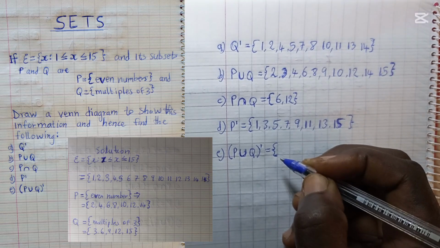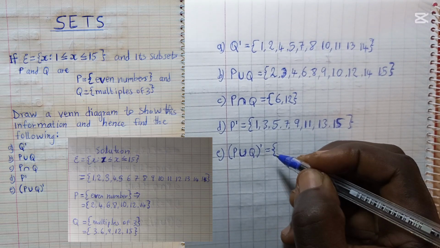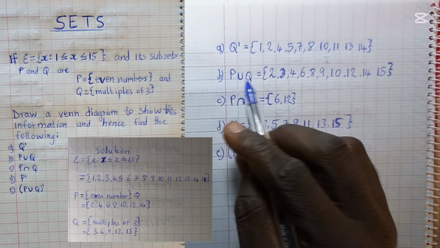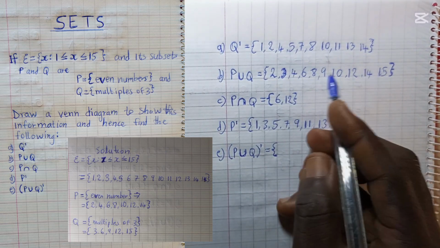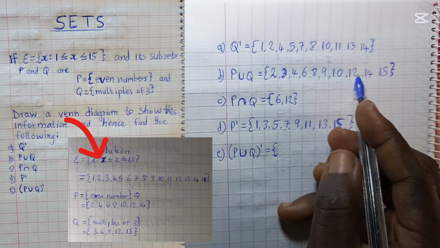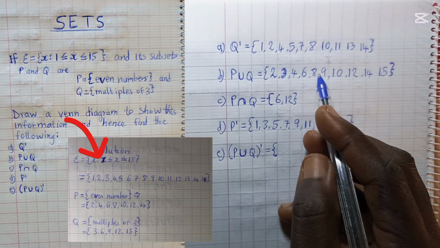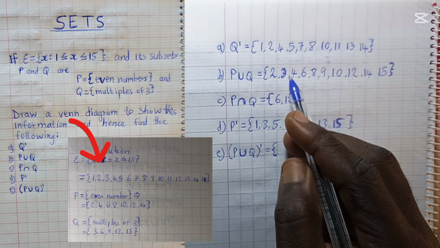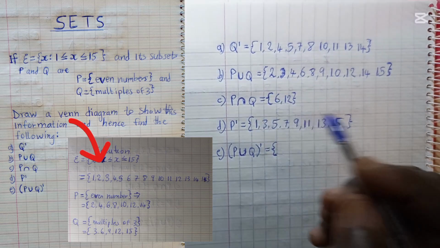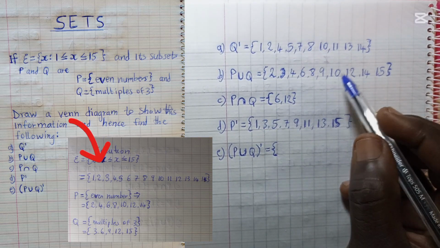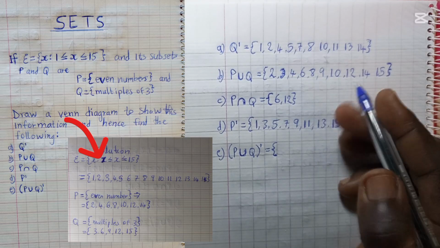It means find the elements that are not in P union Q. Remember, we've already calculated P union Q here. Now, comparing this to the universal set, which of the elements in the universal set cannot be found here?